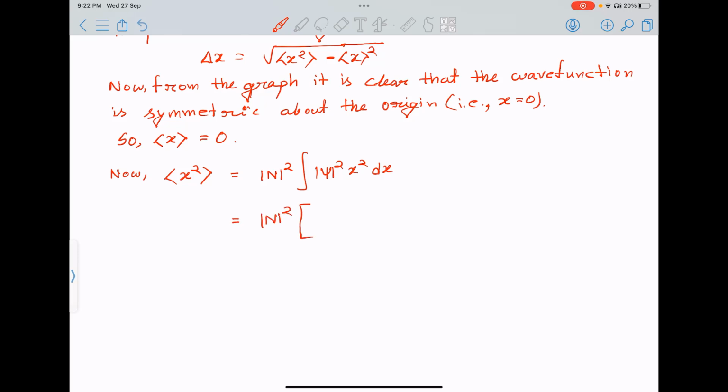Now the psi square would be divided into two regions separately. The first one is from minus half a plus d to minus half a minus d, plus integration k square x square dx over half of a minus d to half of a plus d.